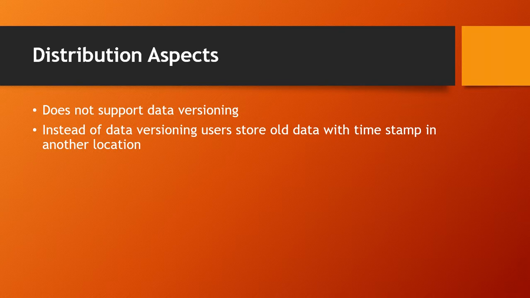We can put a timestamp on a piece of information so that we know when it was last updated or worked on. This is maybe a primitive way of doing it, but we can save the data we want for future reference and distinguish it with the timestamp. So in its normal state, Cassandra unfortunately does not support data versioning.